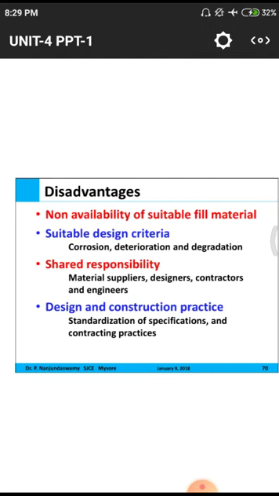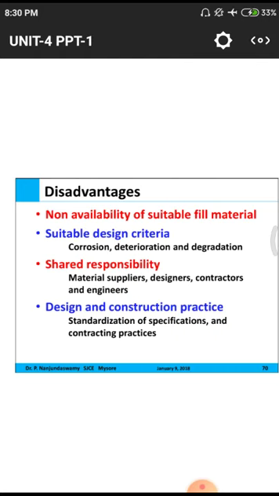Second one is suitable design criteria. That means, first, corrosion. Corrosion means if there is entrainment of water, and the water reacts with the structure, there will be corrosion formation. Next one, deterioration.